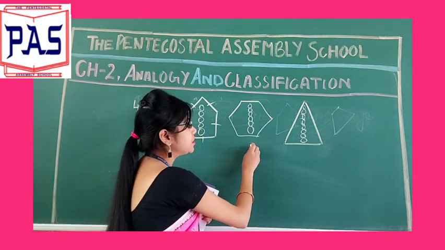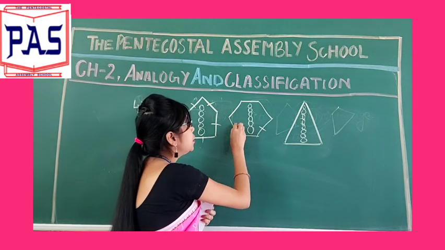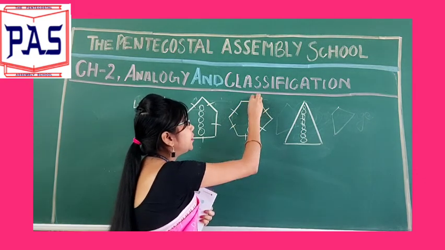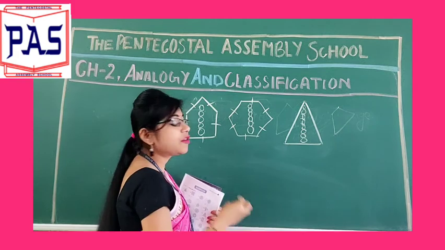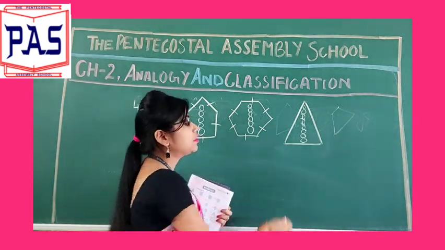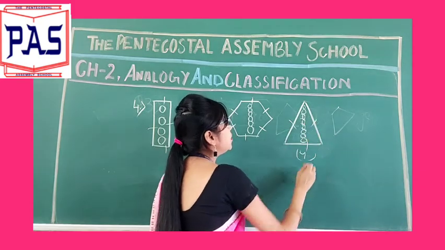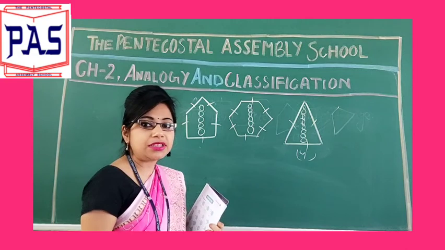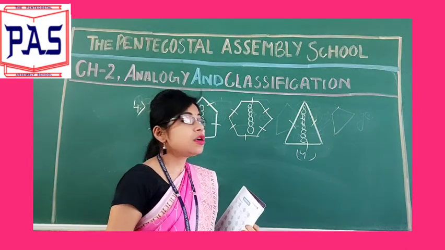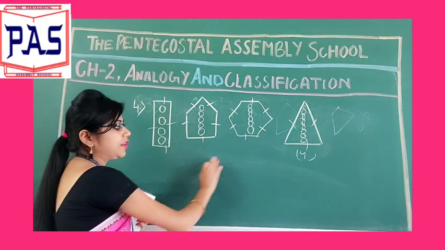Moving towards the third picture, the number of sides is 6, and the number of circles inside it is also 6. But in the fourth figure, the number of sides is 3, but the number of circles is not 3. So this is odd among all these figures.